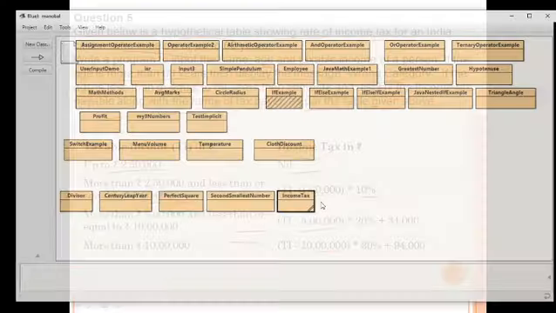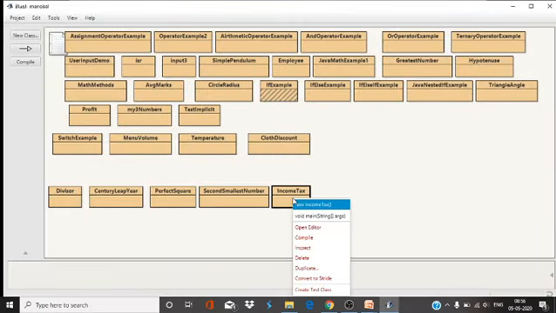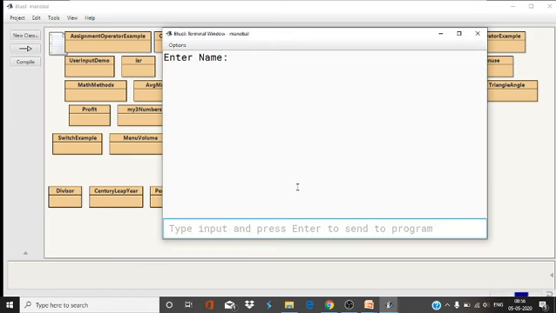Now you will get the output. Suppose I have entered 5. See, in the place of name I have entered it by mistake.